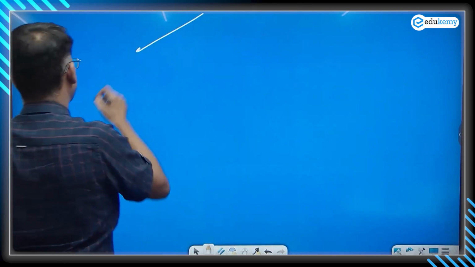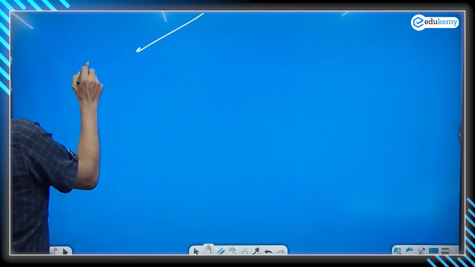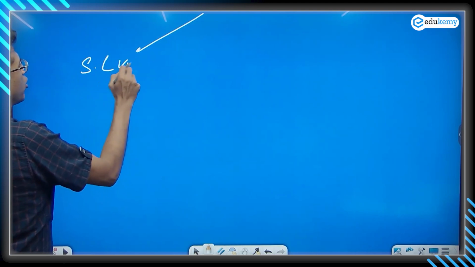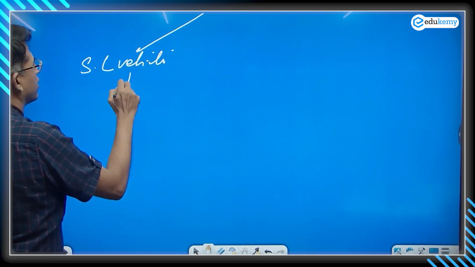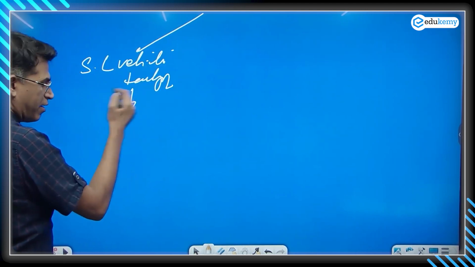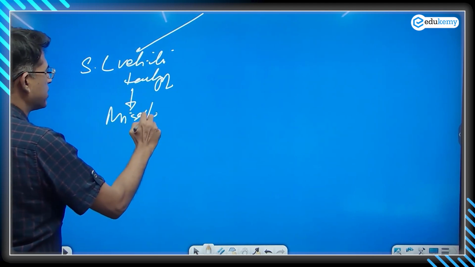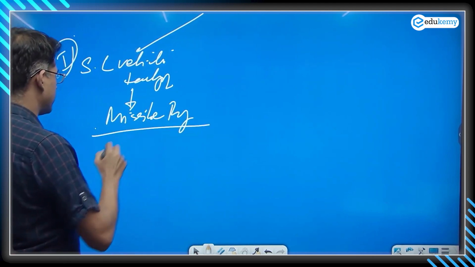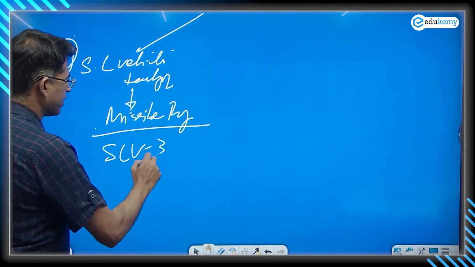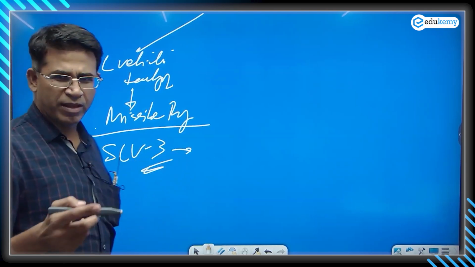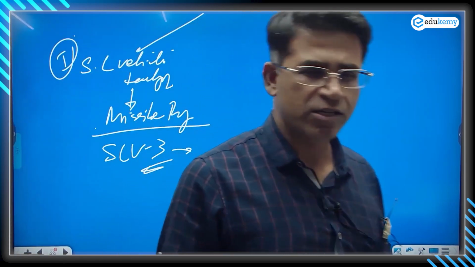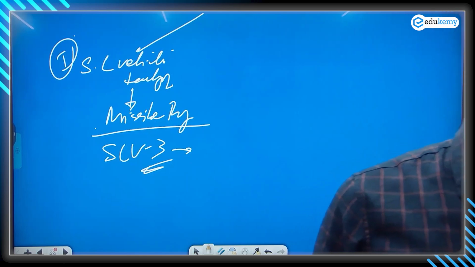So development wise, the first is the satellite launch vehicle technologies that have developed into India's missile program. It started with SLV-3. SLV-3 became the first stage of the Agni-1 and Agni-2 rockets.